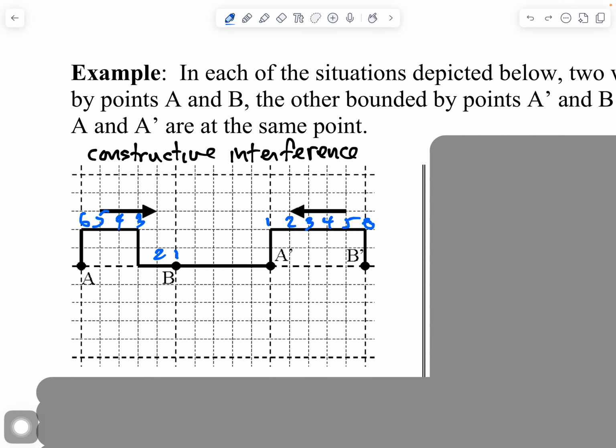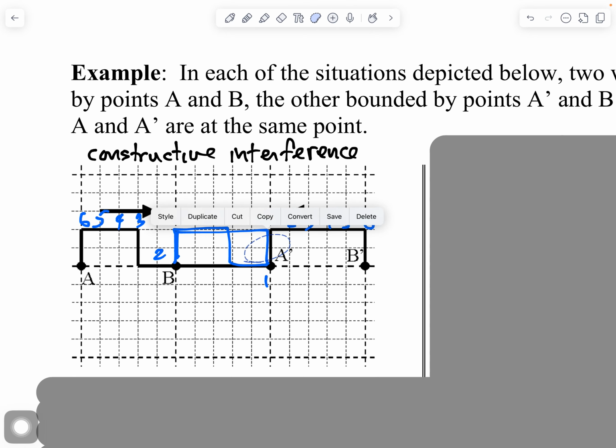Now I'm going to put that over here on the far side, because this wave right here will have moved all the way over here and combined with this wave, which is going to move all the way over here as well.